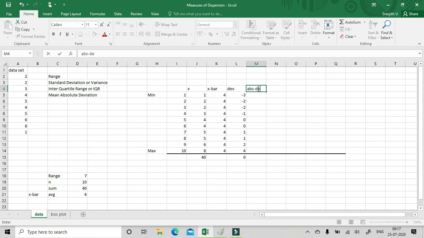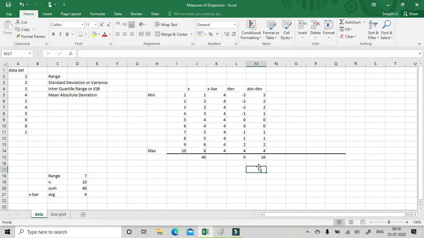That's 3 here, 2 here, 2, 1, 0, 0, 1, 1, 2, 4. Let's quickly sum this up. 3 plus 2 is 5, 5 plus 2 is 7, 7 plus 1 is 8, 8 plus 1 is 9, 9 plus 1 is 10, 10 plus 6 is 16.